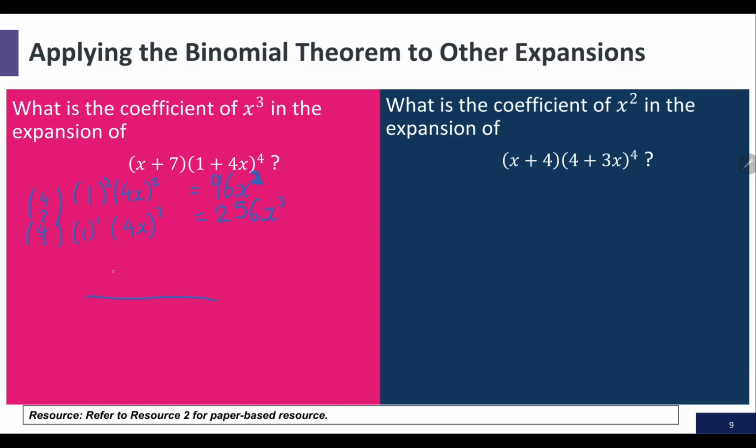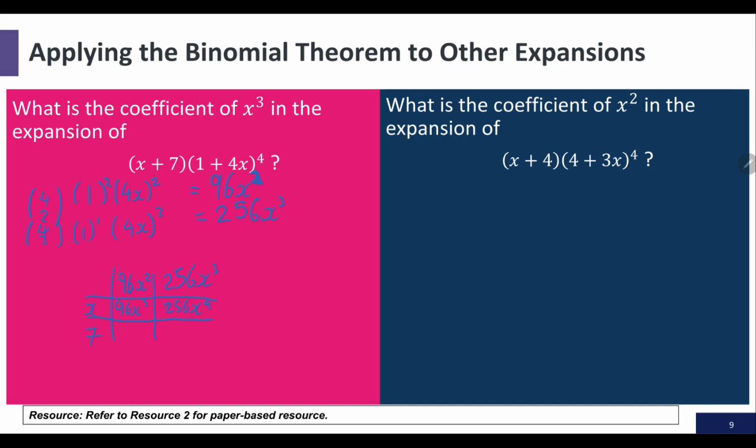So I only need to multiply those two by the x and the plus 7. So I'm going to use a mini grid this time. 96 x squared, 256 x cubed. So that becomes 96x cubed. This one becomes 256x to the power 4, so we don't need that.